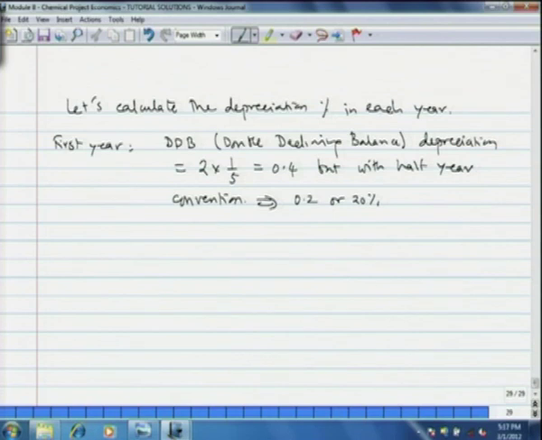Now, the depreciation with straight line method is also 20% for 5-year property. So, 20% is same as DDB.